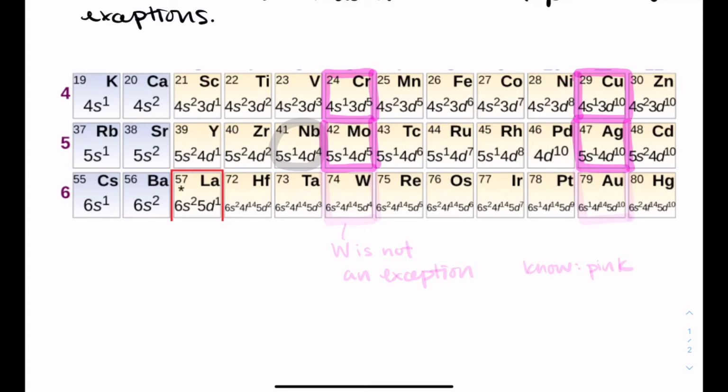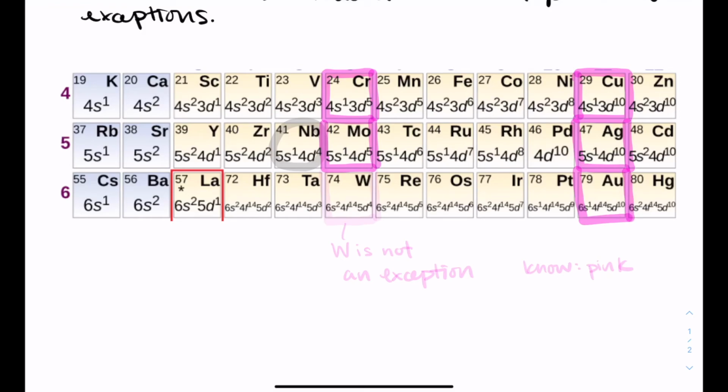That's why I'm not asking you to know that as an exception. Technetium, ruthenium, rhodium, palladium, they're just doing different things. So you don't have to know those. I either won't ask you about those, or if you were to give me the expected configuration, that would be fine.